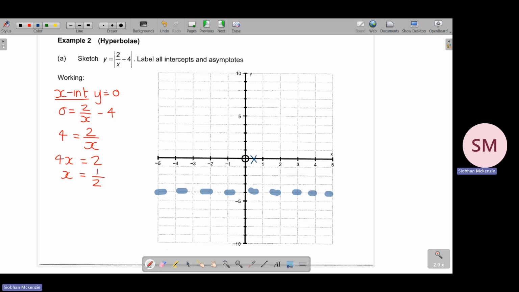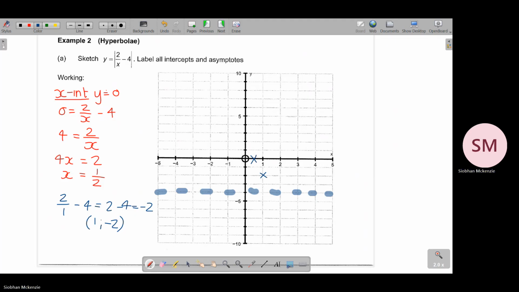Then I want to find another point somewhere here so I can get a nice curved shape. So should we just substitute in 1 and see what the y value is? When I take 2 over 1 minus 4, I've got 2 minus 4, which gives me minus 2. So the point (1, -2) is a point on the graph. That is going to be over there, where I made this cross.